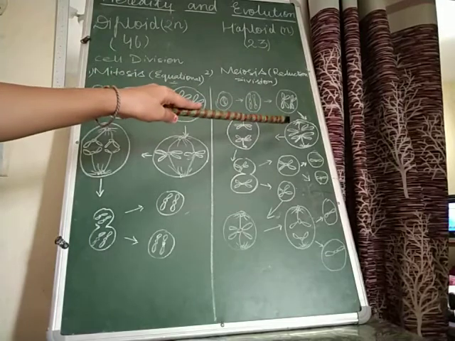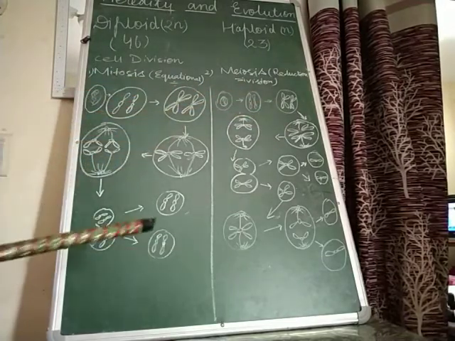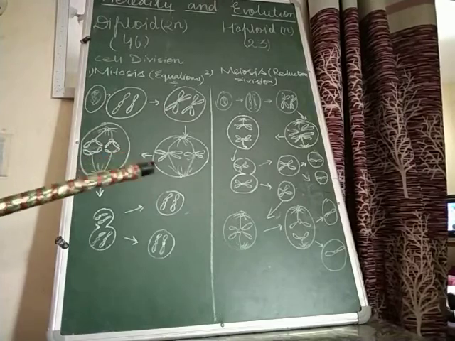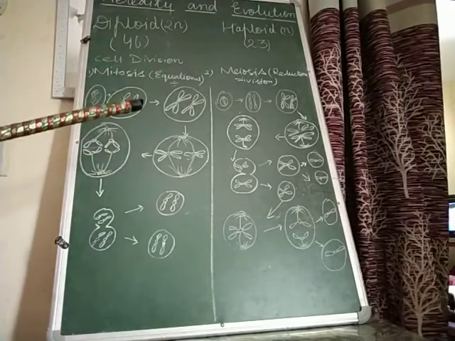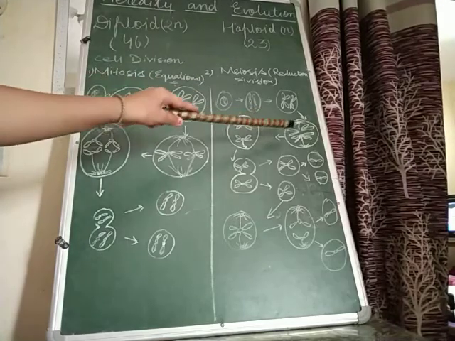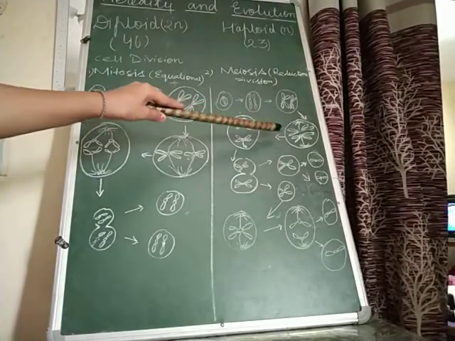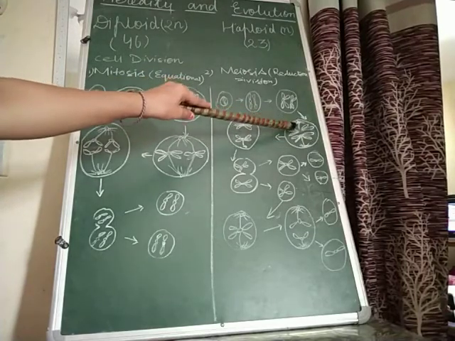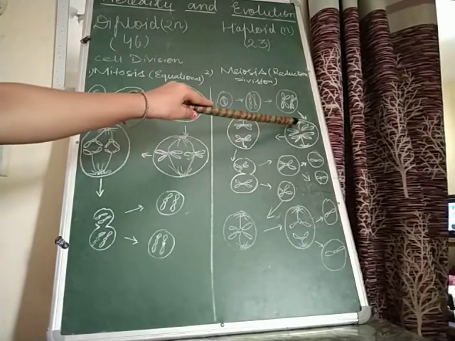Now what happens, the homologous chromosomes, we have 46 chromosomes, so 22 pairs of chromosomes are autosomes and 1 pair is sex chromosomes. So all the chromosomes are present in pairs. The paired chromosomes get arranged on the central plate like this, and there is formation of the spindle fiber from the centriole.